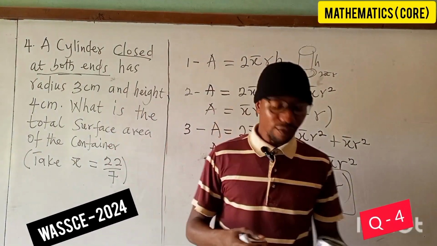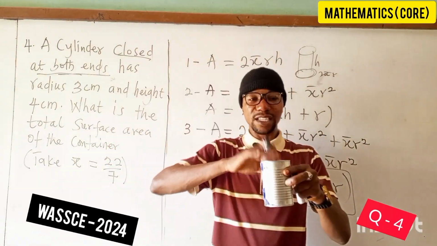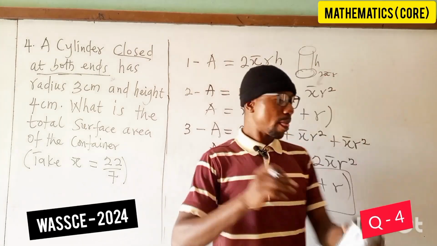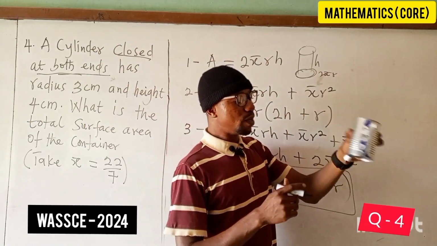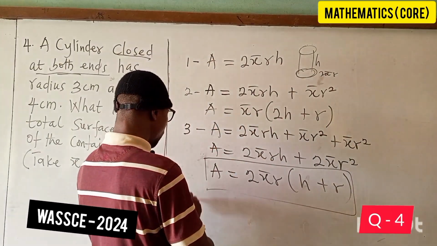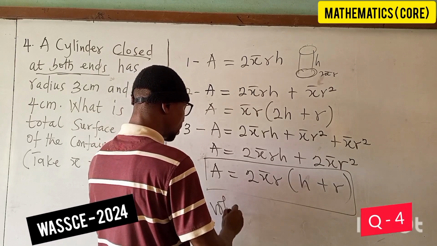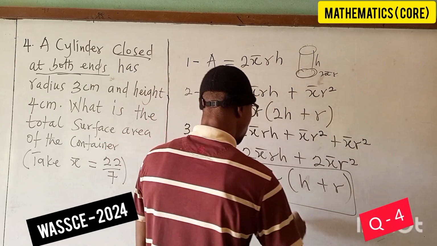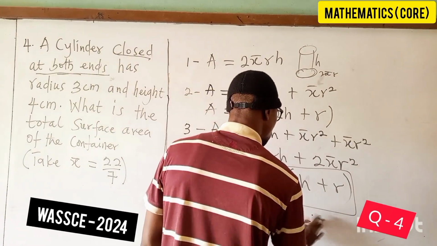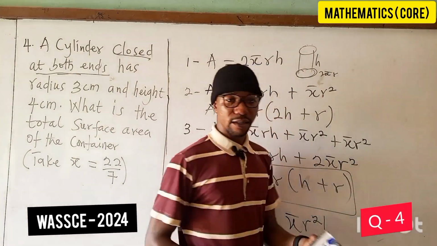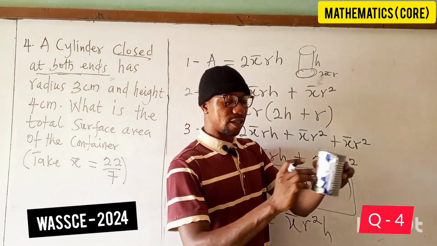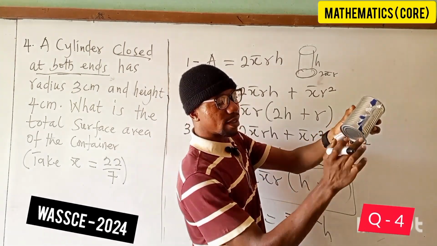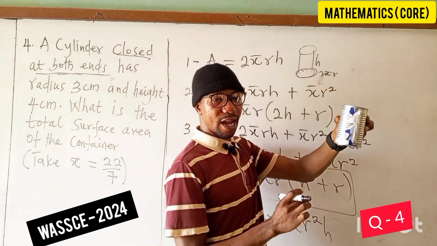Situations we can be asked of the volume of the cylinder, the three-dimensional space of this body. The fourth one, the volume of the cylinder, is pi r squared h. That is the area of the surface here multiplied by the height of the cylinder.